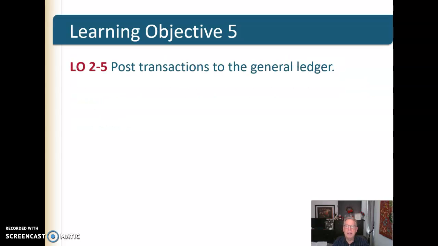All right. Now, once you've done all the journal entries, we're going to post that to the general ledger. The general ledger is where we keep an accounting of the running balance in every account.